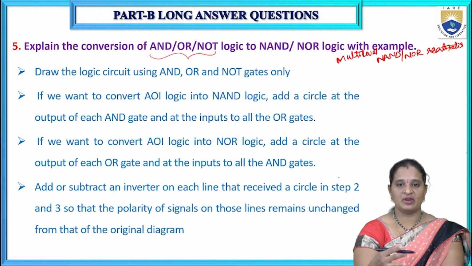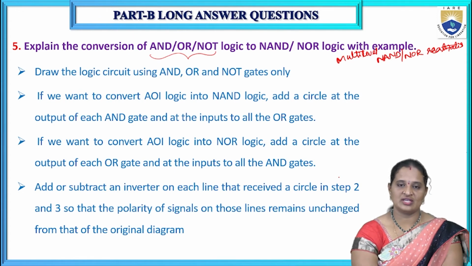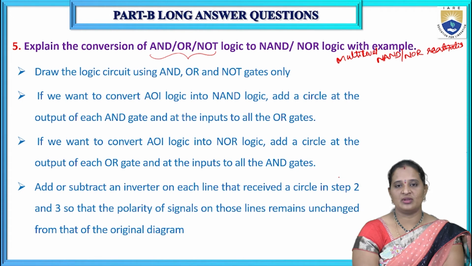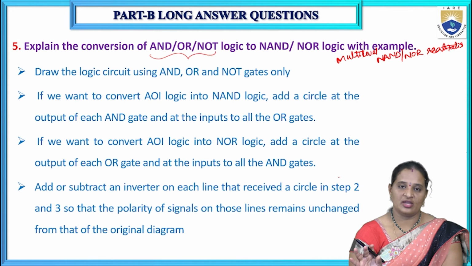Opposite: place the bubbles at the outputs of OR gates and at the inputs of AND gates. Then finally, place an inverter on each line which has received a bubble and eliminate double inversion. In case of NAND logic, replace all the bubbled OR gates with NAND. And in case of NOR logic, replace all the bubbled AND gates with NOR gates.